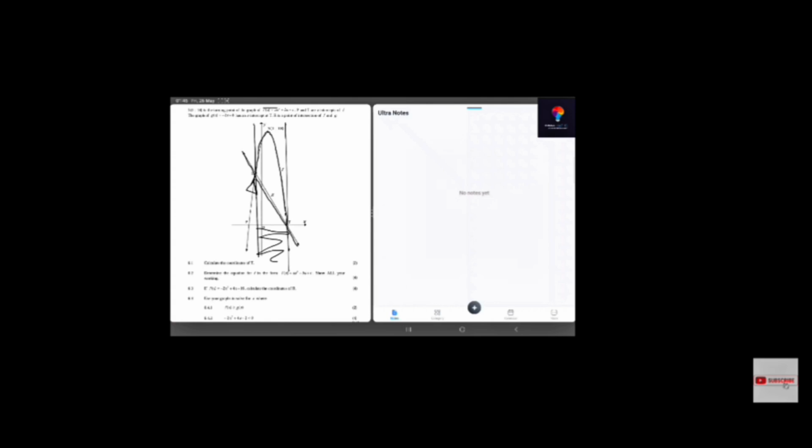Hence I'm saying it's simple. We know the coordinates of R, we know the coordinates of T. The x coordinate of R is minus 1, and the x coordinate of T is 4.